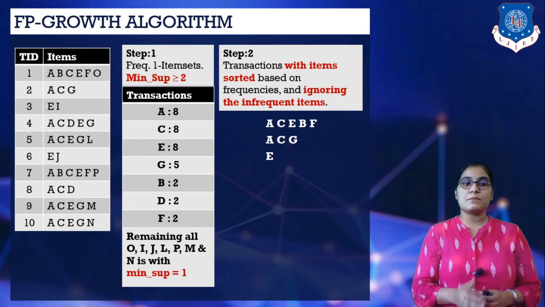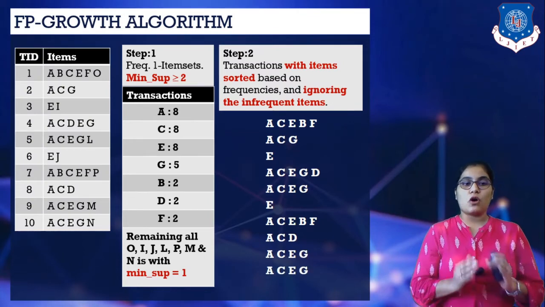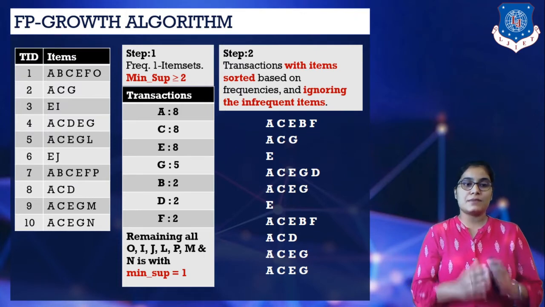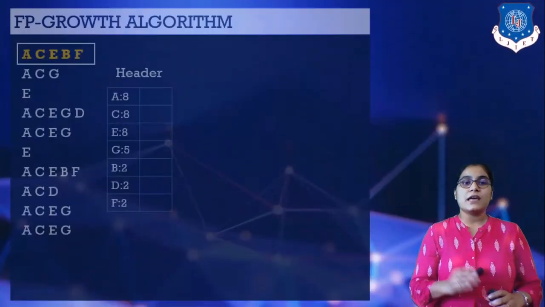And the same is applied for the remaining transactions, that is 4, 5, 6, 7, 8, 9 and 10. We have removed all the infrequent items from all those transactions, and the remaining items are sorted according to their frequencies. Now let's start building the FP tree.